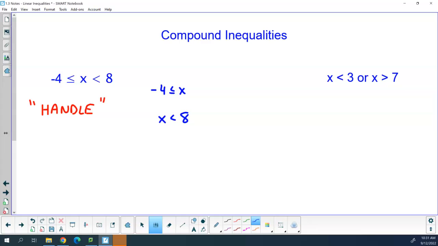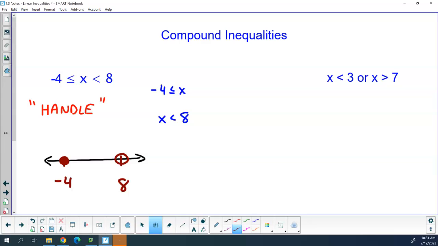So how that's going to look is, now I've got two numbers that need to be on my number line because I've got two parts. The -4 is going to have a filled in circle. The 8 is going to have an open circle, just based off of their inequalities at those particular numbers.